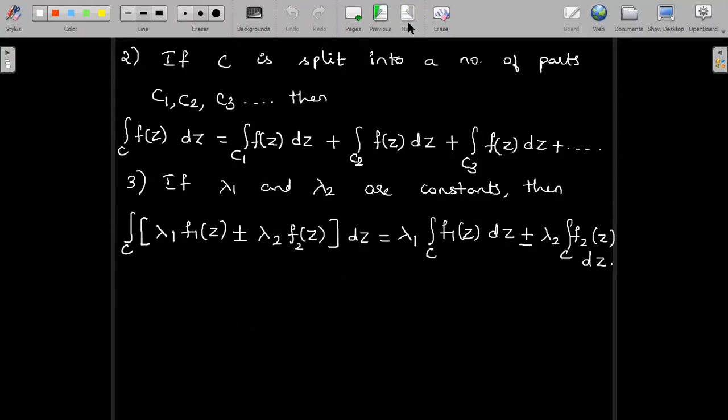Now next we will see line integral of a complex valued function.